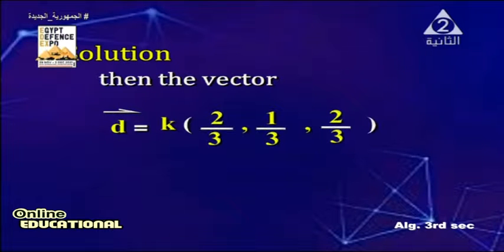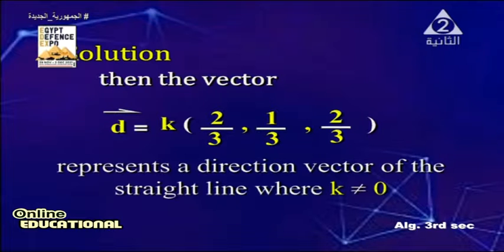The vector k multiplied by cosine theta x, cosine theta y, cosine theta z. Therefore, direction vector d equals k multiplied by the vector with components two-thirds, one-third, two-thirds, which represents the direction vector of the straight line, where k is not equal to 0.